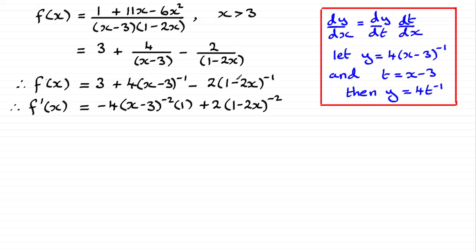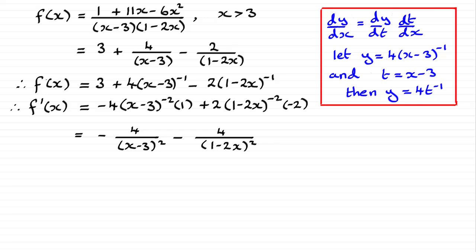Differential of 1 minus 2x then is negative 2. So just put the negative 2 in there. And when we tidy this up, I've got minus 4 over x minus 3 squared, and this will be minus 4 all over 1 minus 2x all squared. So that gives me that result there.